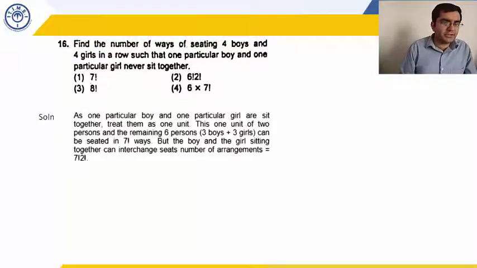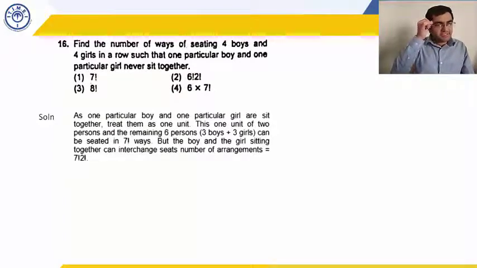So total 6 plus 1 unit, I get 7 units. And these 7 units can be arranged in 7 factorial ways. But the boy and girl could have interchanged their seats also. So you get 7 factorial into 2 factorial. Exactly same as previous question. So the number of ways in which the boy and girl sit together is 7 factorial into 2 factorial.